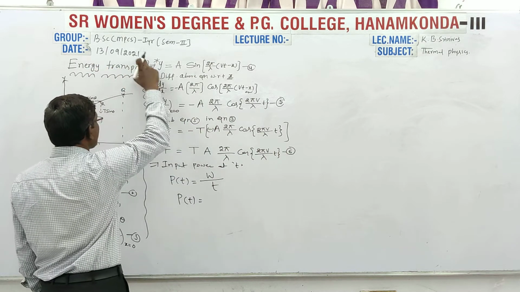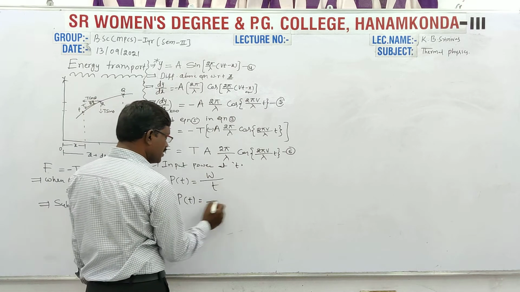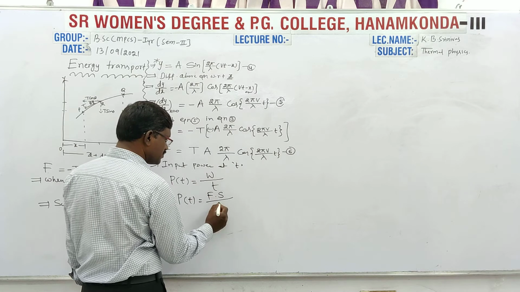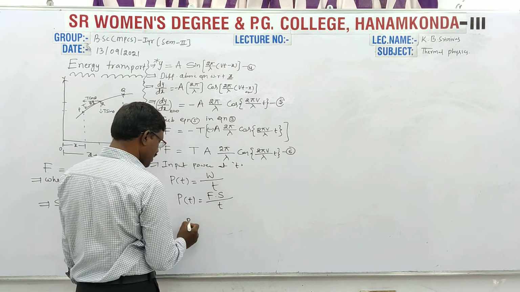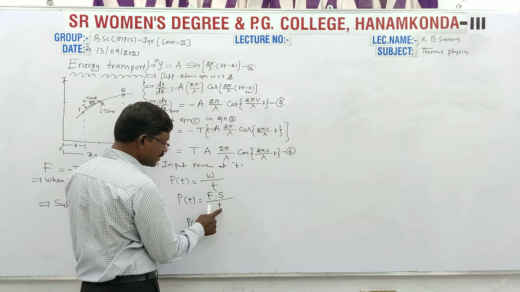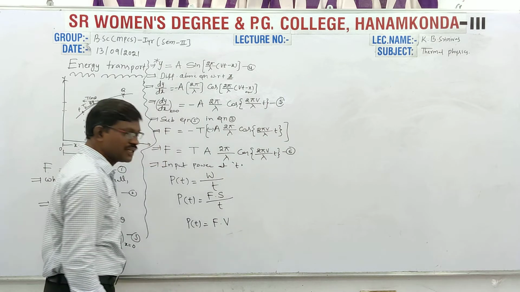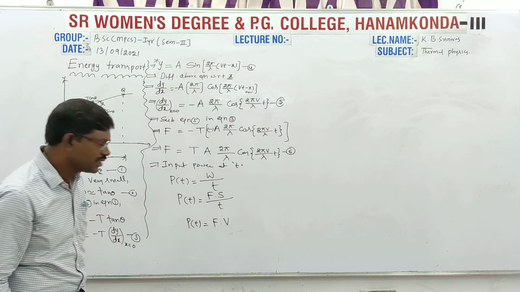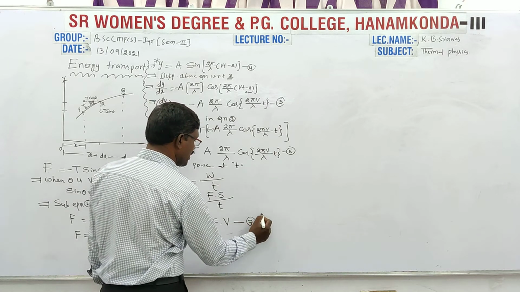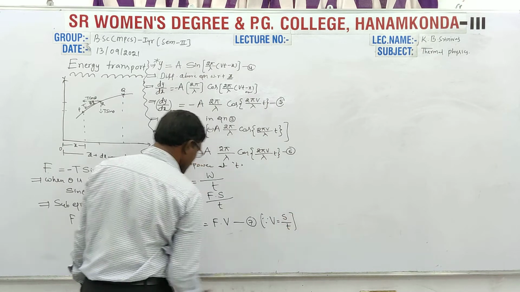To calculate energy transport, we need to calculate power. So what is work done? Product of force and displacement is called work done. So power, there is another expression for power: force into displacement by time. Displacement by time gives what? Velocity only. Let this be equation number 7. Since velocity is equal to displacement by time.